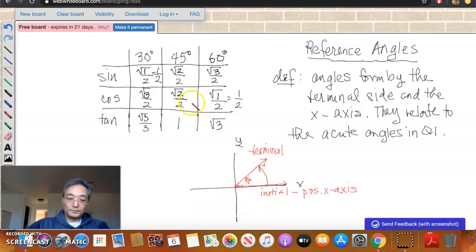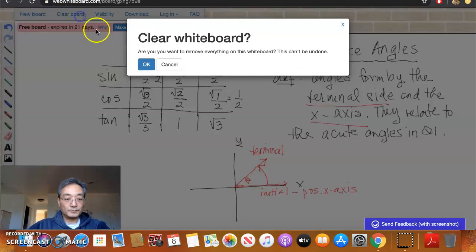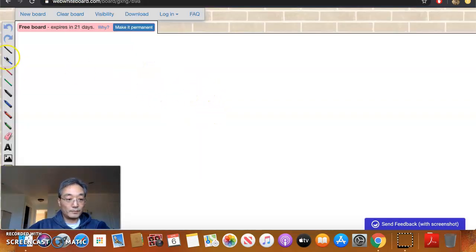Now the only thing that you really have to remember, which is important, is that the reference angles are always formed by the terminal side and the x-axis. So for instance, let me show you an angle. Let's take this angle.